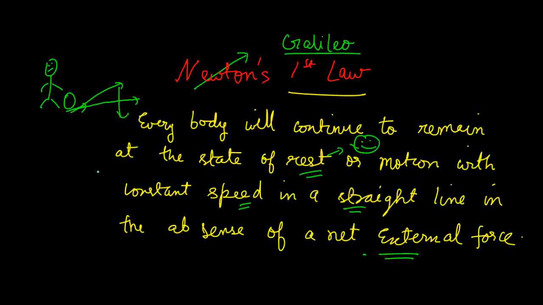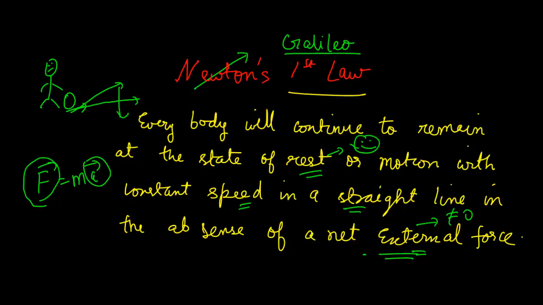If I push something on the ground, the ground is exerting some friction force on it. That's stopping it. So the net external force is not zero. Okay, it is causing retardation, because F equal to ma means that if the force is opposing the velocity, then the acceleration will also oppose it, and the body will come to rest.